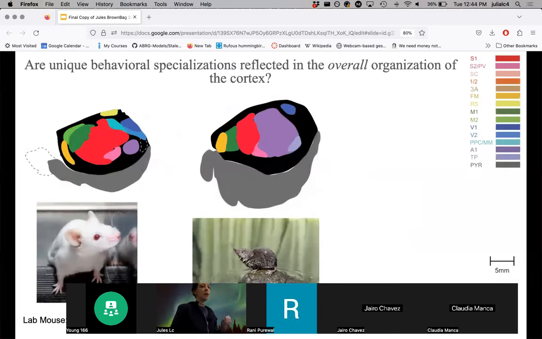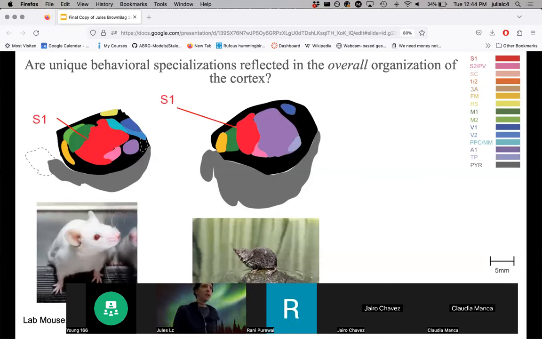So we know that cortical expansions are typically related to unique behavioral specializations, but we're still asking how these unique behavioral specializations are reflected in the overall organization of the cortex. So for example, this is the lab mouse, and you can see it has a much larger S1 somatosensory area compared to the water shrew.